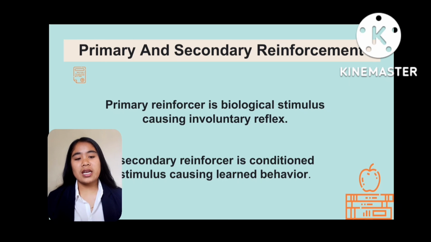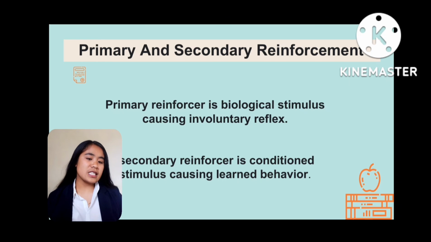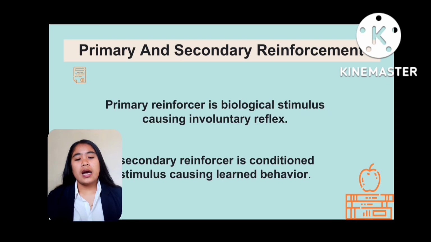Meanwhile, secondary reinforcement is repeatedly pairing a neutral stimulus with a primary reinforcer so that the neutral stimulus can induce the same response as the primary one. The main difference between primary and secondary reinforcers is that primary is a biological stimulus using involuntary reflex, while secondary is a conditioned stimulus using learned behavior.